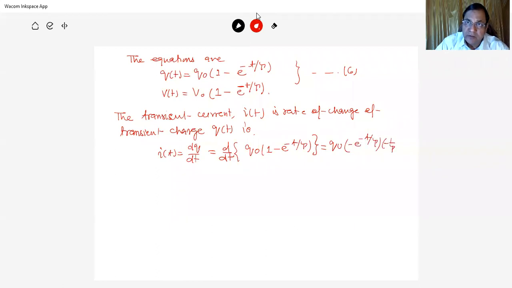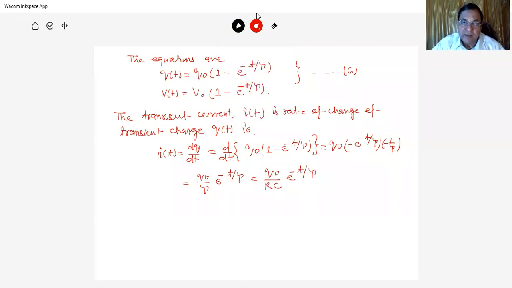That is Q0 by tau e raised to the power minus t upon tau. So this is Q0 upon RC e raised to the power minus t upon tau. This is RC, not VC.